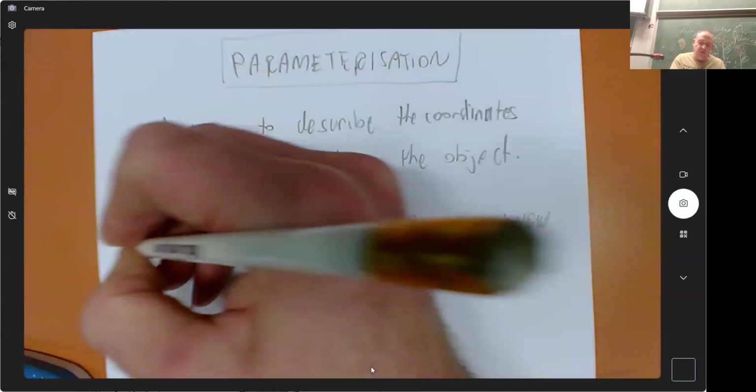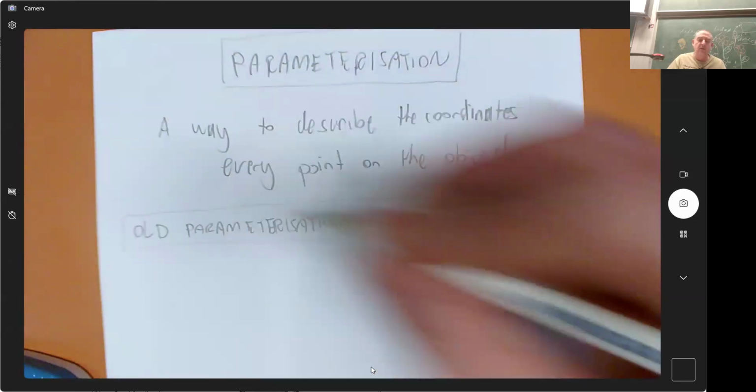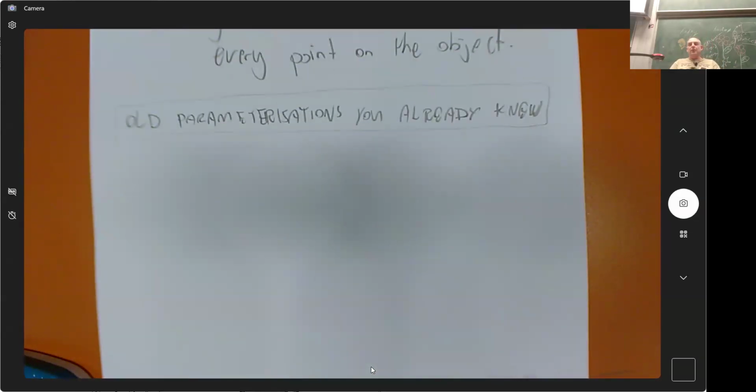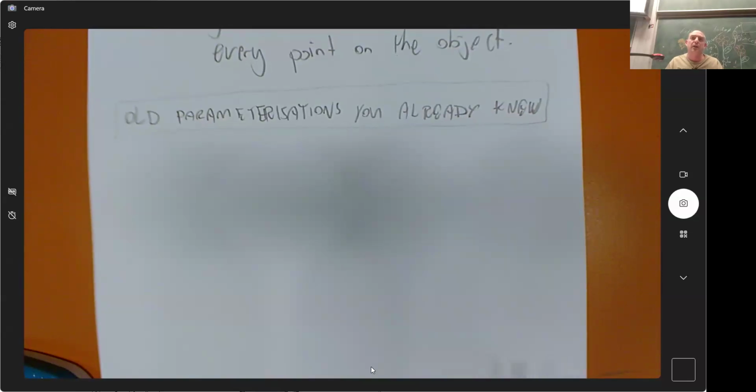All parameterizations that you already knew but possibly didn't think you knew already. And so one of them is a straight line from one point to another.